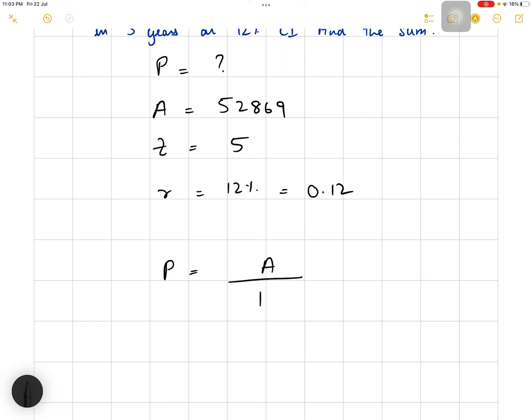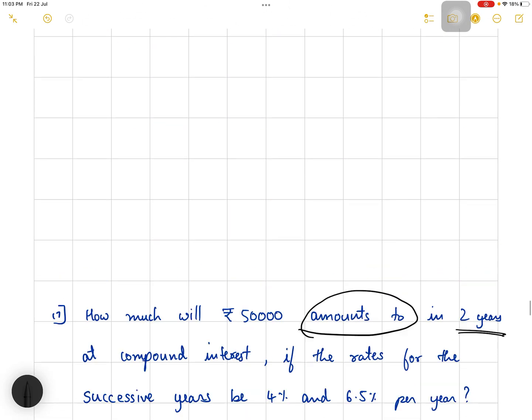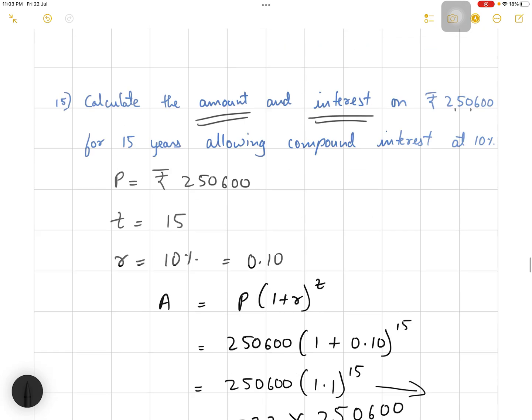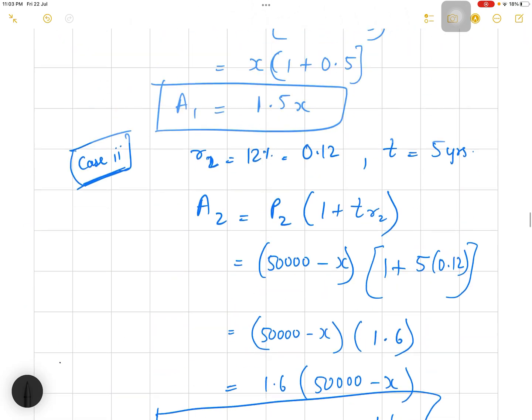Principal is equal to amount upon (1 plus R) raised to n.